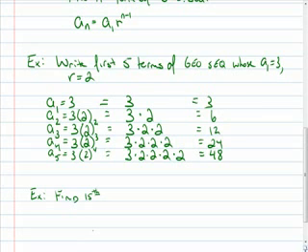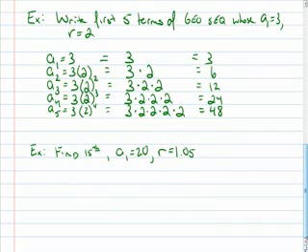Let's find the 15th term, where the first term is 20 and the common ratio is 1.05. We want the 15th term.